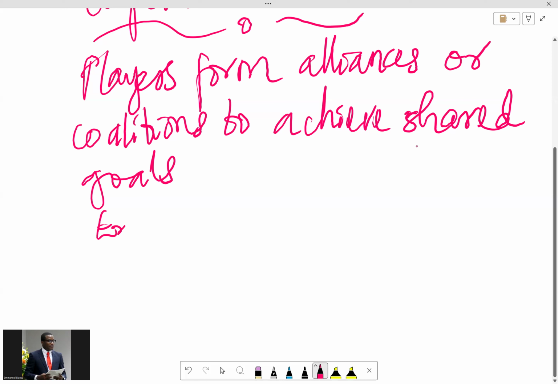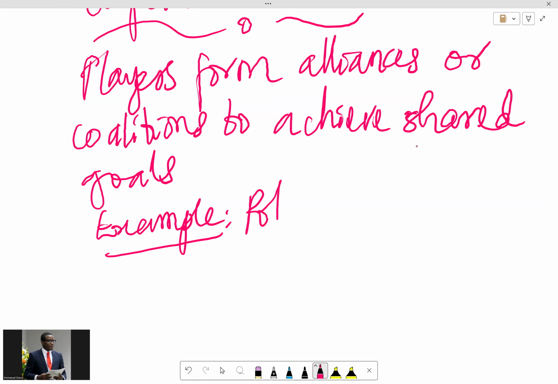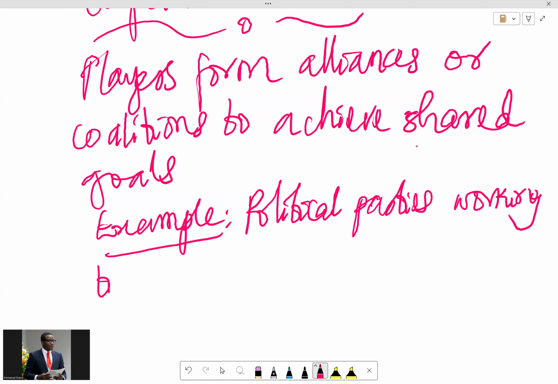A very good example of that would be political parties. Though they are rivals, they can sometimes come together to work on something common, like political parties working together to pass legislation.